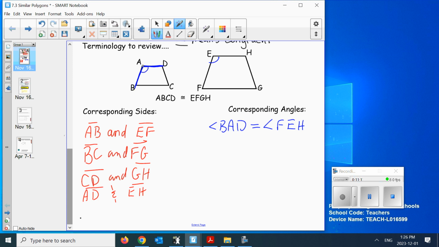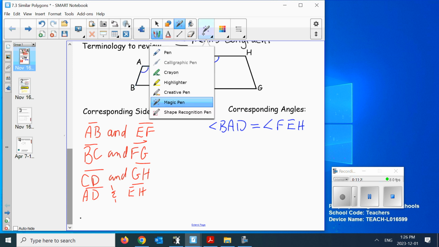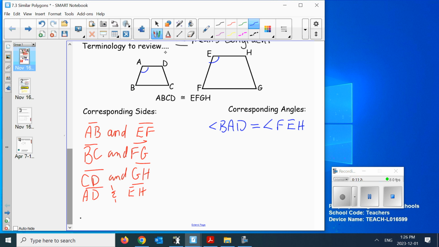However, it would not be ambiguous in this diagram. When I say ambiguous, you wouldn't be wondering what he means by this. If I just said angle A and angle E, in this particular diagram and shape, you can do that. And I think you should if it's short.